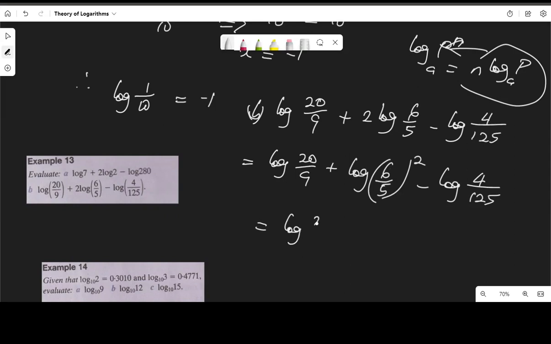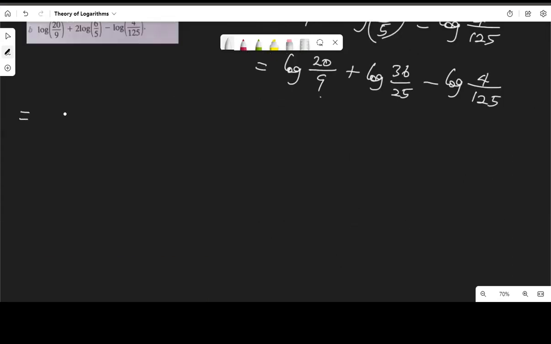This will be log 20 over 9 plus log 6 squared is 36 and 5 squared is 25 minus log 4 over 125. That will be log 20 over 9 times 36 over 25 minus log 4 over 125.